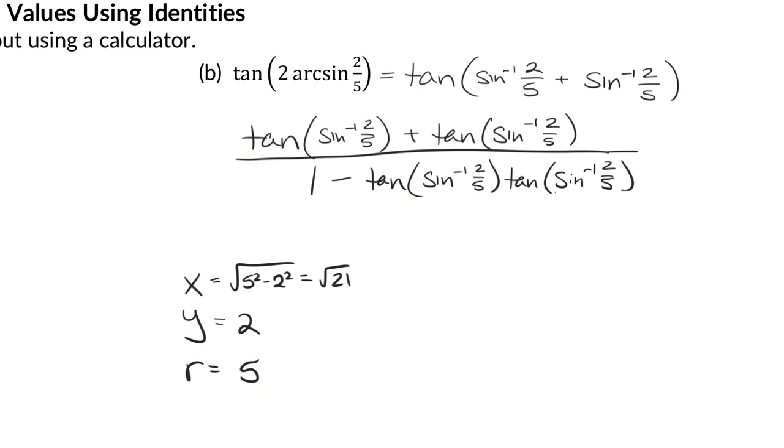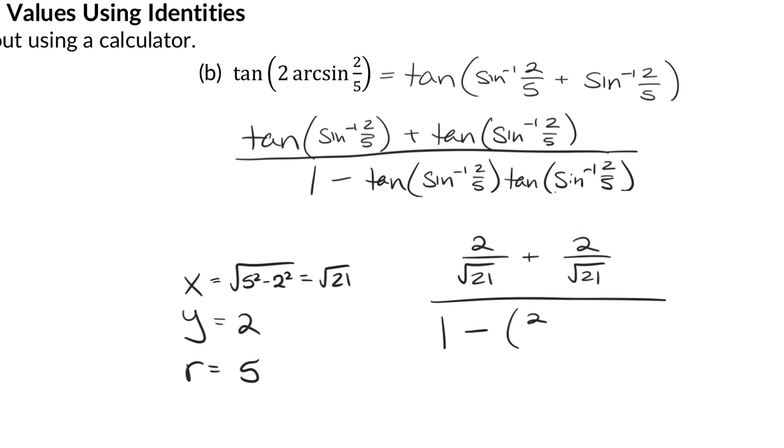So if we start to plug everything in, tangent is y over x. I'm going to leave it undone at first. So it's y over x plus y over x, over 1 minus y over x times y over x.